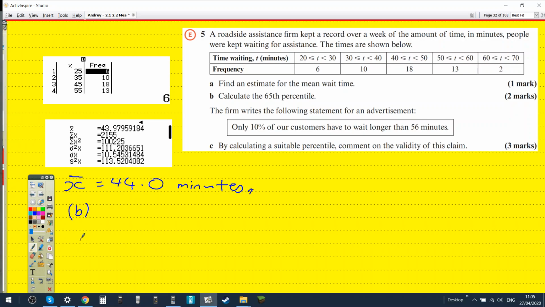So is this where I have to use some sort of formula or something? Yep. I mean, it was a tricky one.